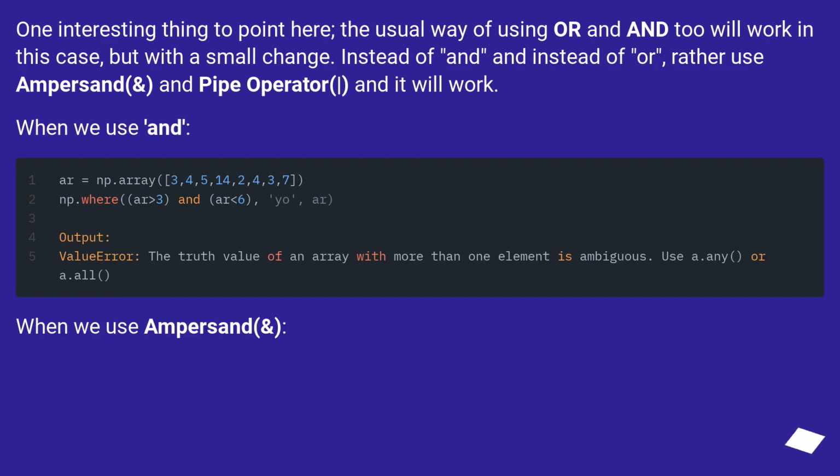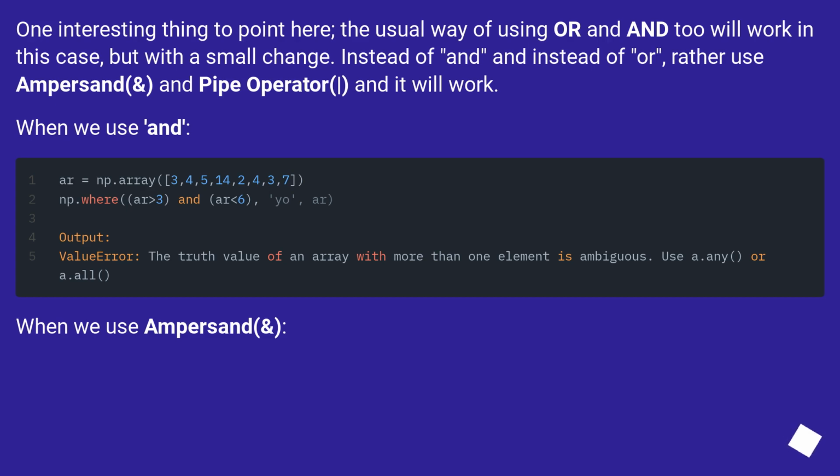One interesting thing to point out here: the usual way of using and and or will work in this case, but with a small change. Instead of and and instead of or, rather use the ampersand and pipe operators, and it will work.